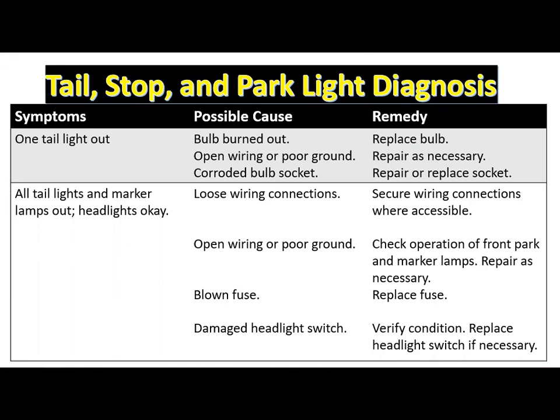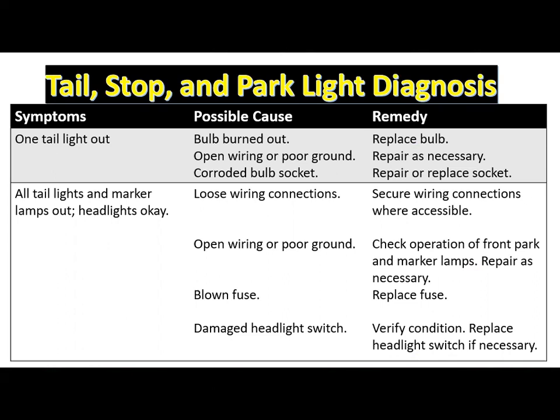Poor ground could be a loose ground, or maybe a fastener is missing from the ground terminals, or a corroded bulb socket. Find out what causes the corrosion in the bulb socket. It could be leaking rainwater entering the bulb socket and causing corrosion, making it rusty. Repair or replace the socket.